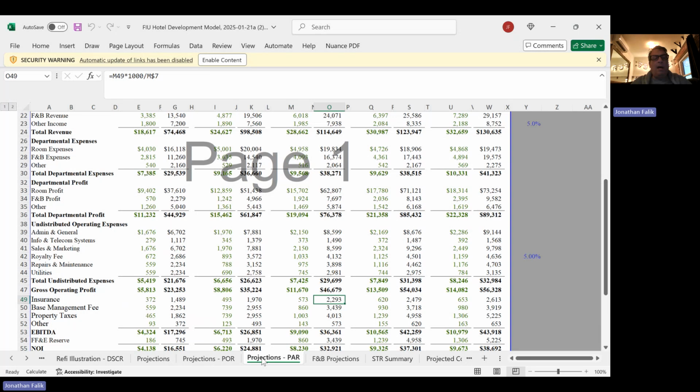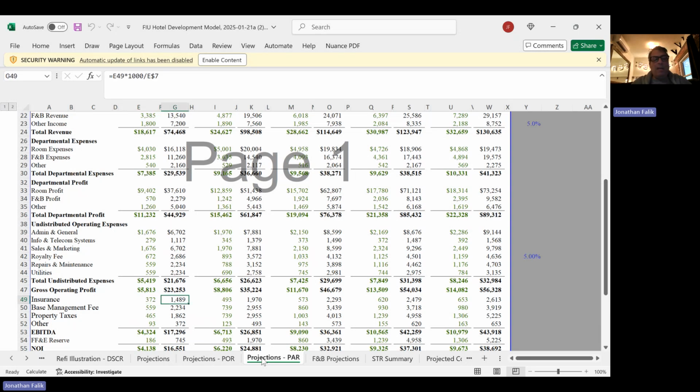So health insurance for the director of sales and a salesperson is going to be here in the sales and marketing expense line item. Health insurance and benefits for a housekeeper or for the front desk manager is going to be in rooms expense. So this insurance is only for property, for the property and the building.